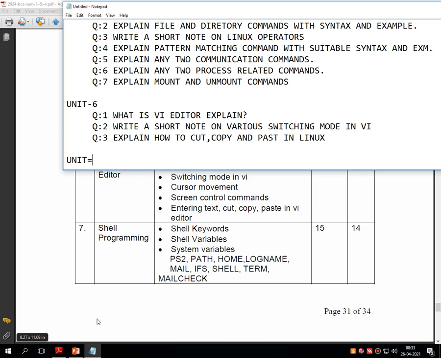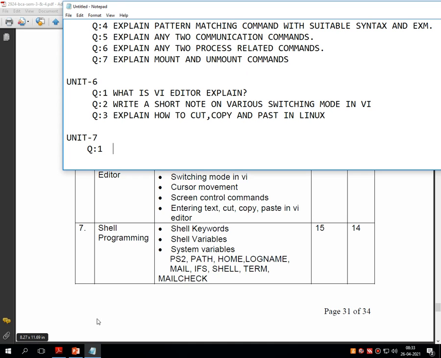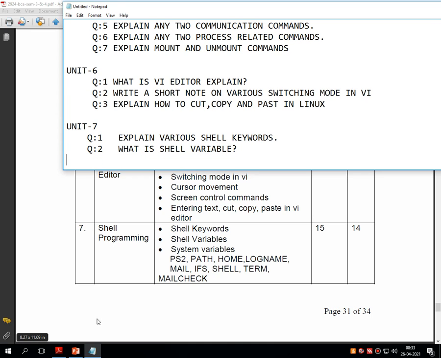Unit number 7. Question number 1. Explain various shell keywords. Question number 2. What is shell variable? Question number 3.